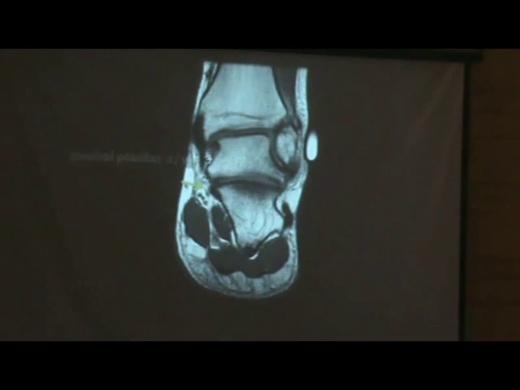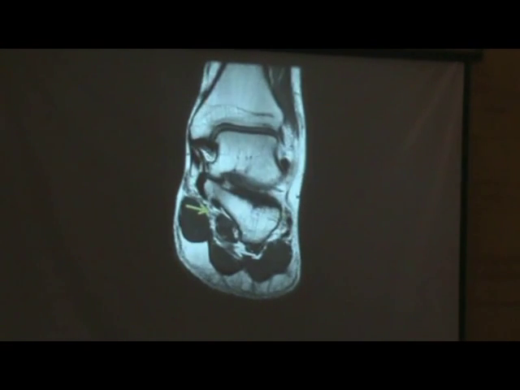So this is the medial calcaneal nerve, relating with the medial plantar vessels and the flexor hallucis longus tendon. And here's the lateral plantar nerve. If we go slice by slice, it's not that difficult to follow those. And the relationships of the lateral plantar nerve are some muscles: abductor hallucis, quadratus plantae, and flexor digitorum brevis.